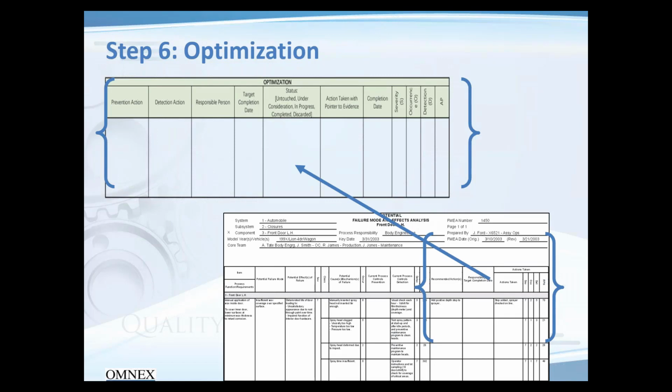And so you have the preventative action, the detection action, and the responsible person, the team completion date, the status, action taken with pointer to evidence, and then the completion date, and then the new severity, occurrence, and detection. And so that's additional information that needs to be provided that we didn't provide before.